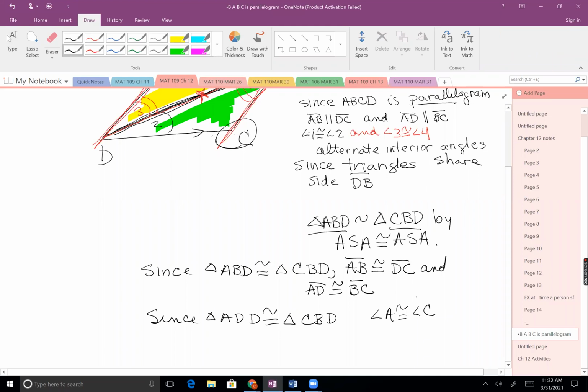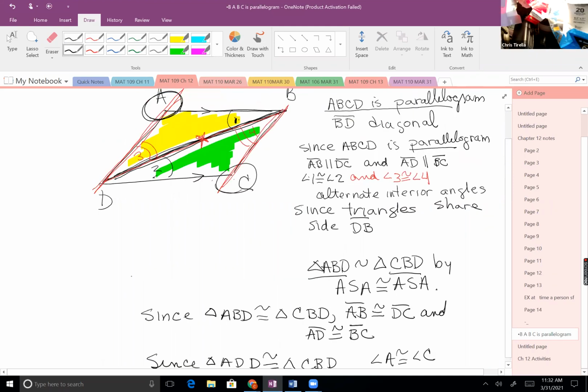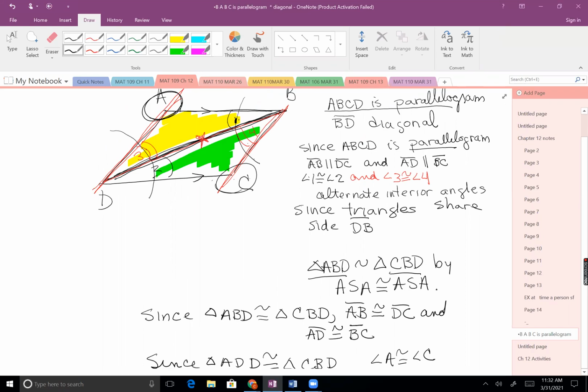Yes. And then because angle 1 is congruent to angle 2, and angle 3 is congruent to angle 4, wouldn't that make those other angles congruent? Yes. Okay, better? Yes, thank you.